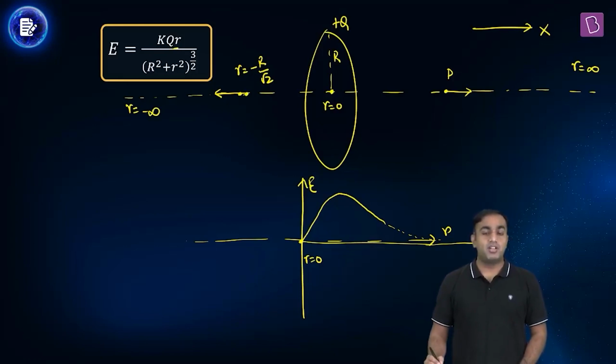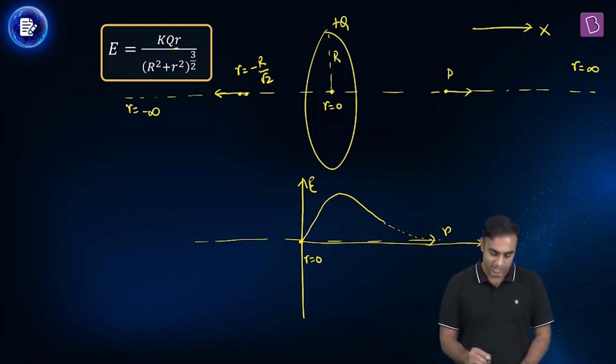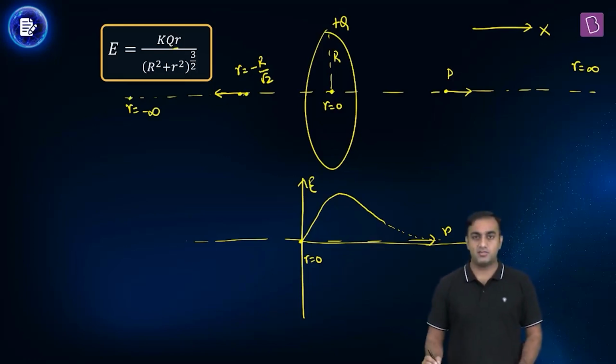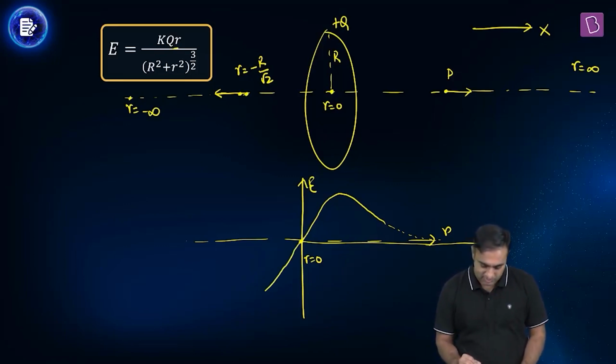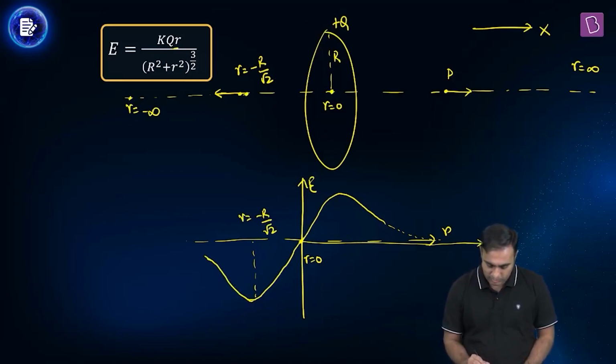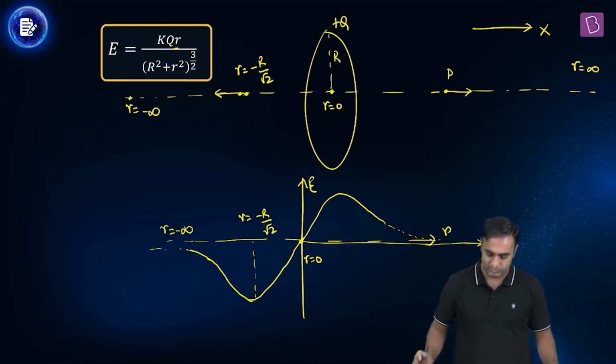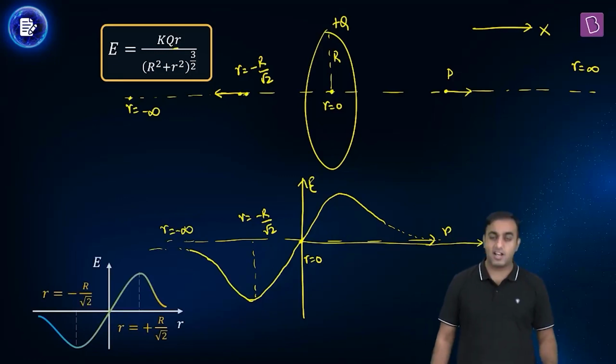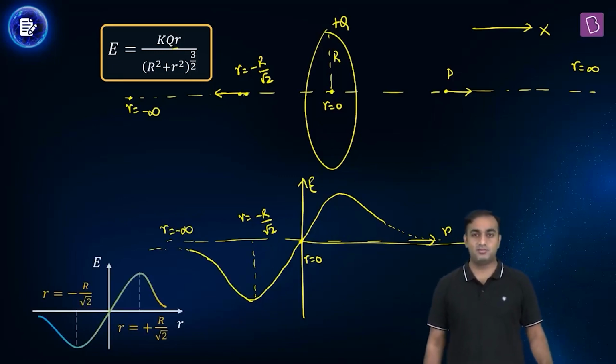And the magnitude decreases to become 0 at infinity on this side. But to account for the change in the direction on the graph, we will plot it something like this. It increases to become maximum at small r equals minus R by root 2, and then drops off to become 0 only at infinity. So this is how the graph is going to look.